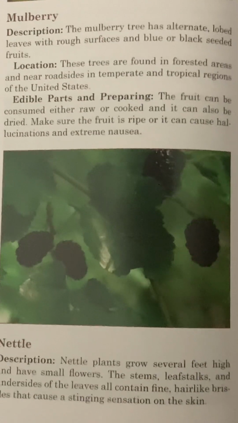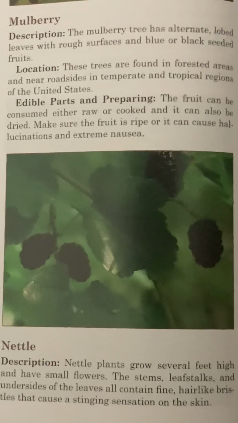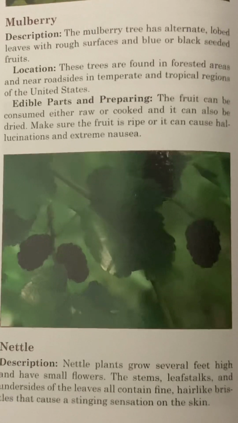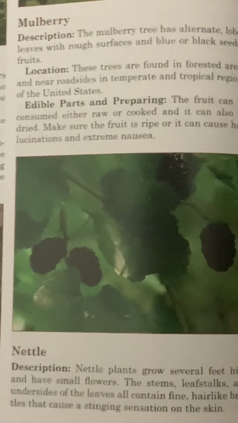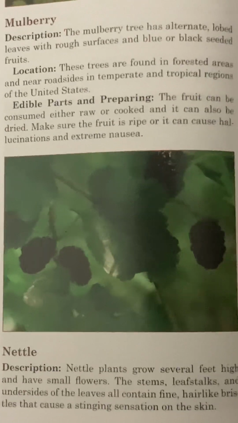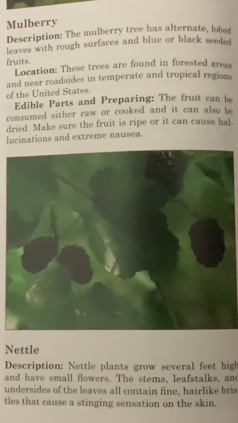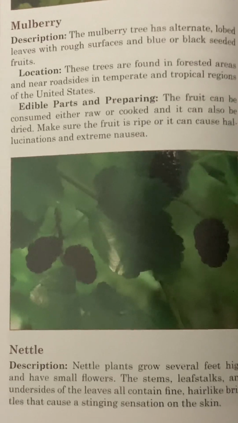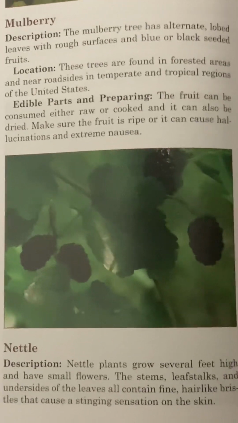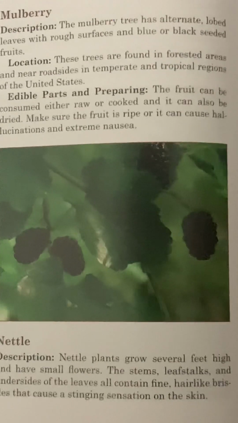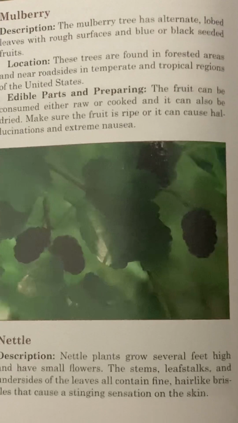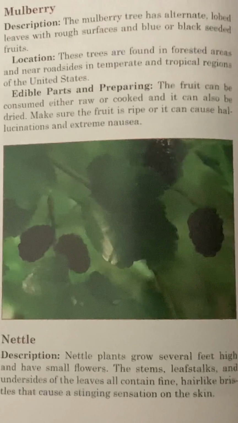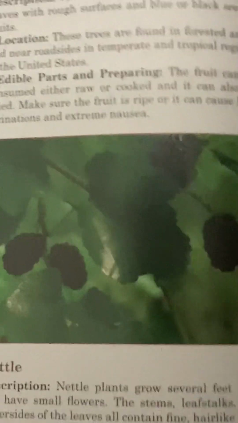These trees are found in forested areas and near roadsides in temperate and tropical regions of the United States. Edible parts and preparing. The fruit can be consumed either raw or cooked, and it can also be dried. Make sure the fruit is ripe, or it can cause hallucinations and extreme nausea. Here's a picture of the mulberry.